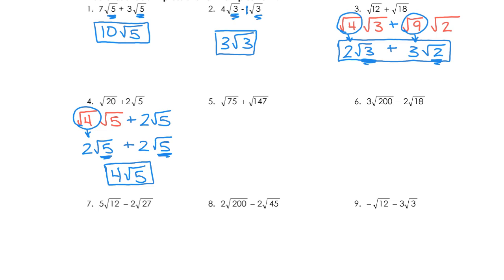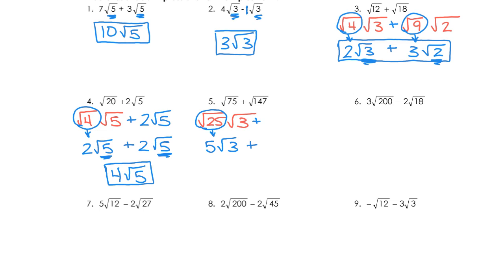Okay. Number 5. Right now we can't simplify or add them together, so we're going to have to simplify them first. And the largest perfect square that goes into 75 is 25, and it goes in 3 times. And we'll circle our perfect square, and that becomes 5 square root of 3. We'll keep our plus sign.